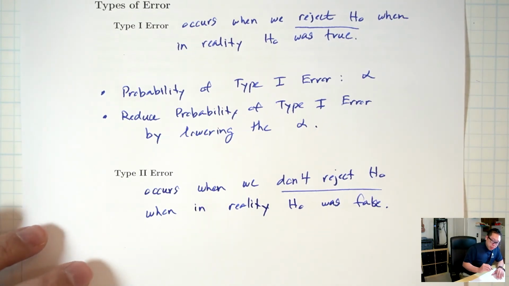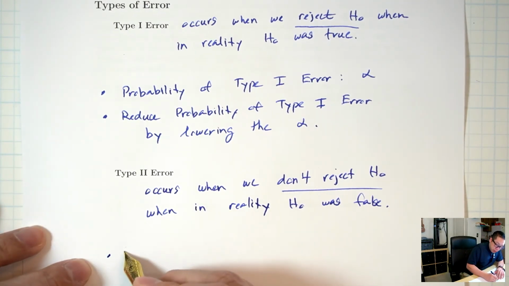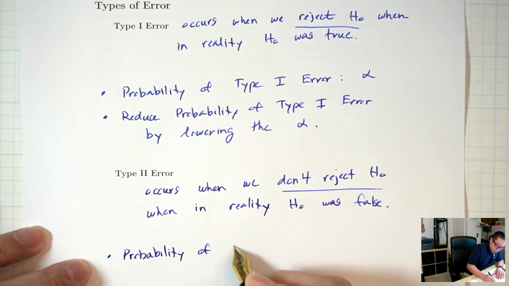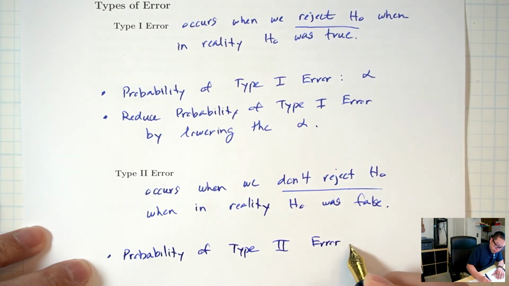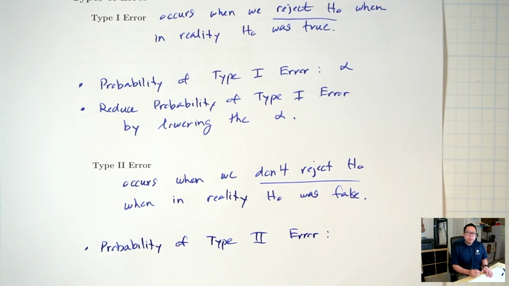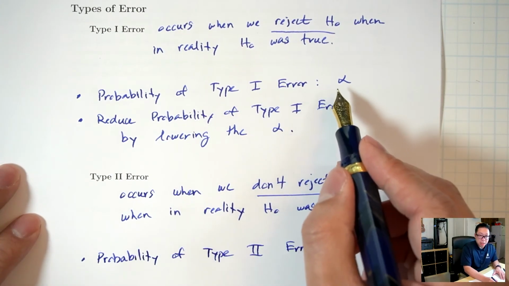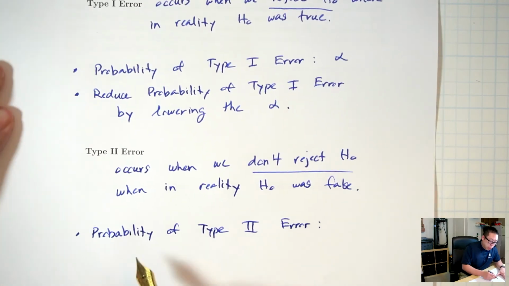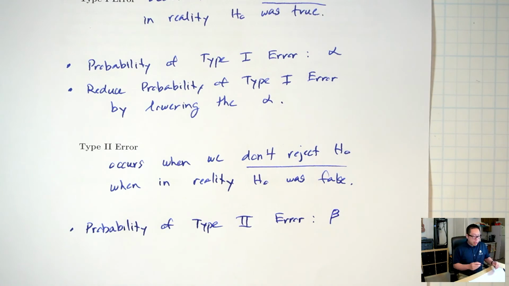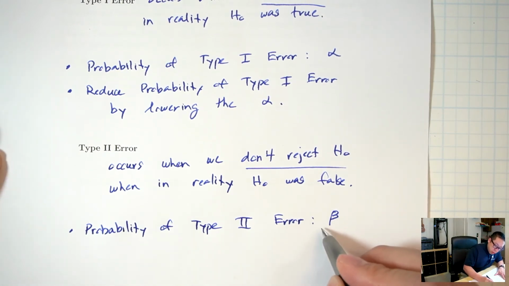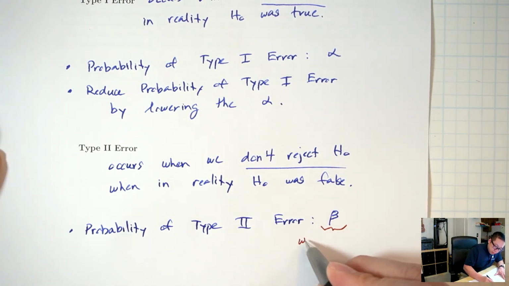Okay. Now, the probability of a type 1 error is the alpha, the significance level. The probability of a type 2 error is a number called beta. And we're not going to compute this in this class. It's a little bit more complicated to compute, so I'm going to write, we won't compute this.